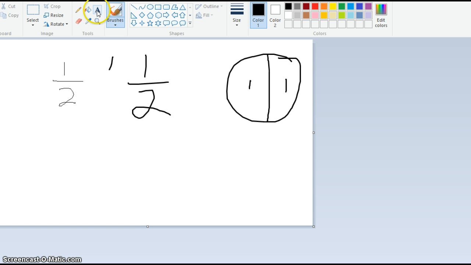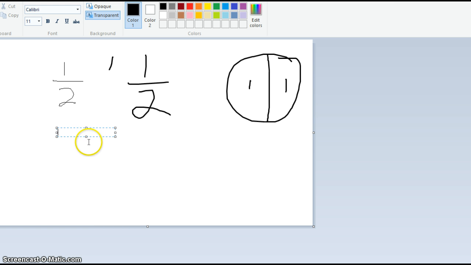So let's start with some basic terms that we all need to be aware of. When it comes to a fraction, think of a fraction as a number that represents pieces of a whole.